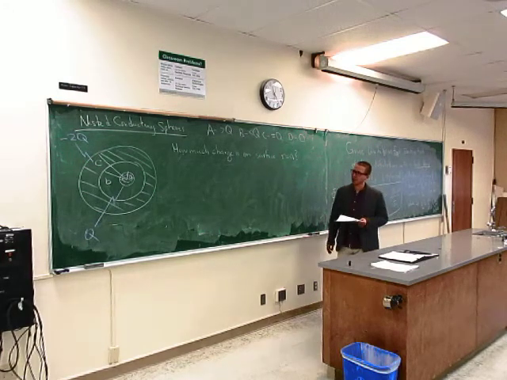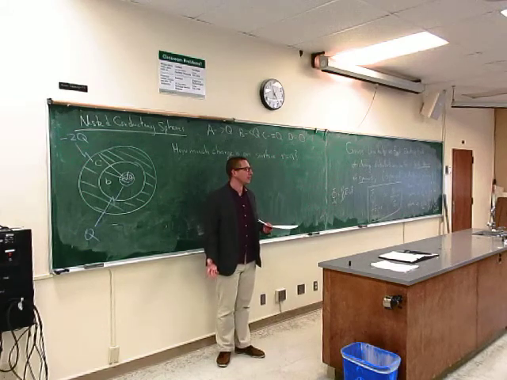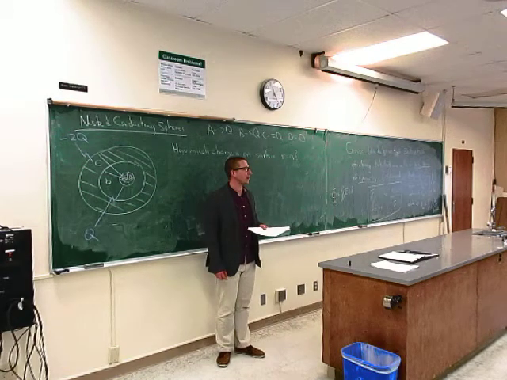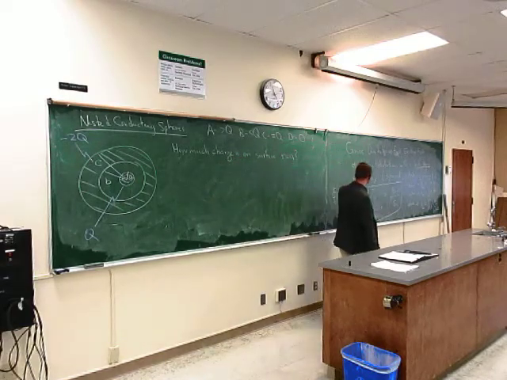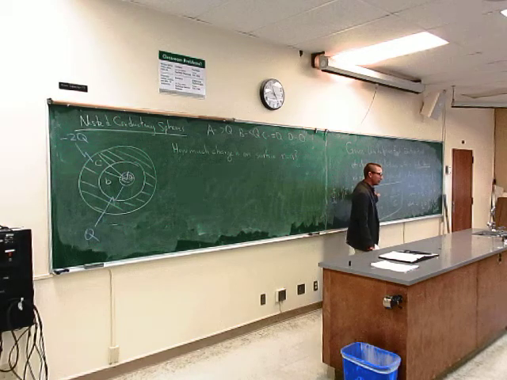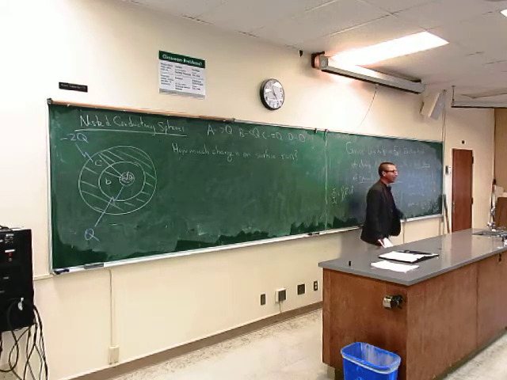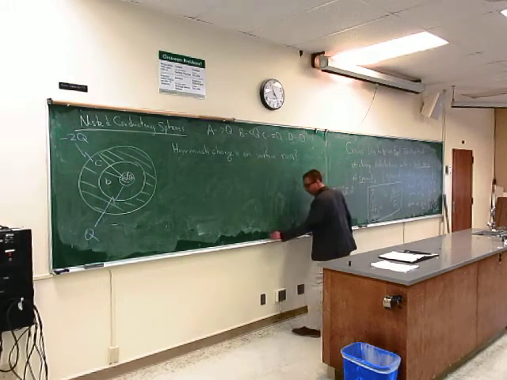If no free charge is moving inside the conductor, that means the electric field inside the conductor must be zero. Now, when we apply Gauss's law, if the flux is zero, the electric field is zero inside, that means there can't be any charge inside as well. Excellent. All right, so zero is the right one here.